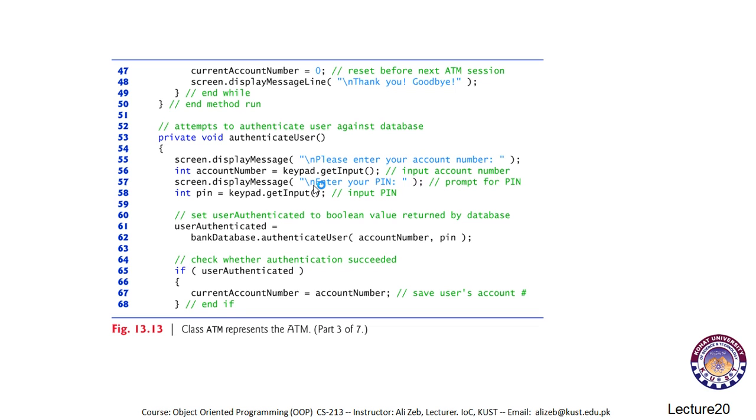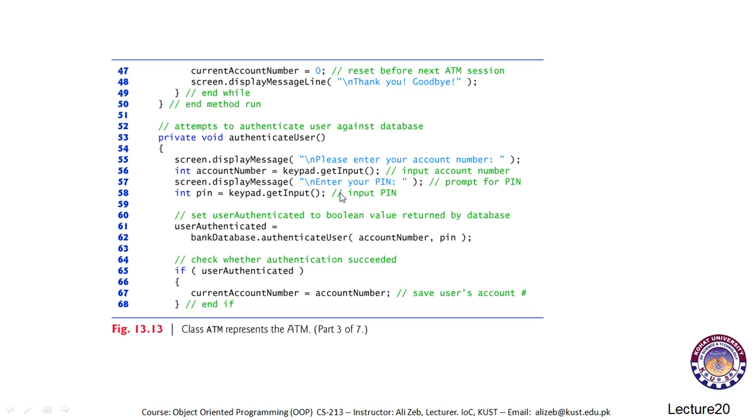Once the method is called, it sends a message to the screen class to display a message on the screen. It will ask the user to provide some input, as we can see, through the object of the keypad class, and we will store that input in a variable.